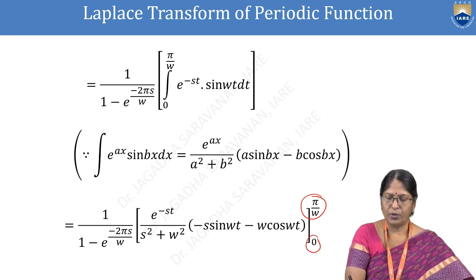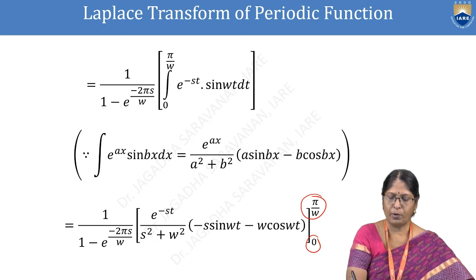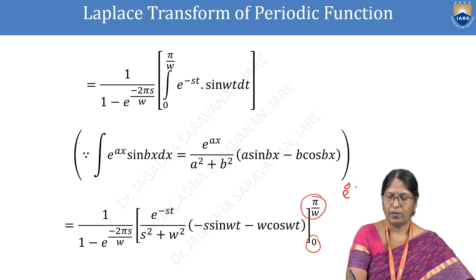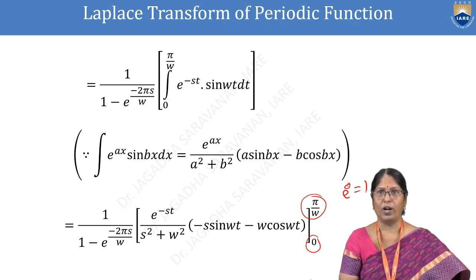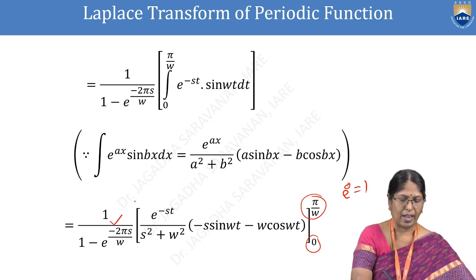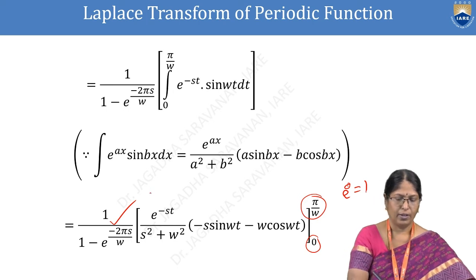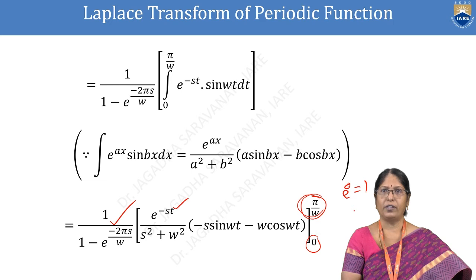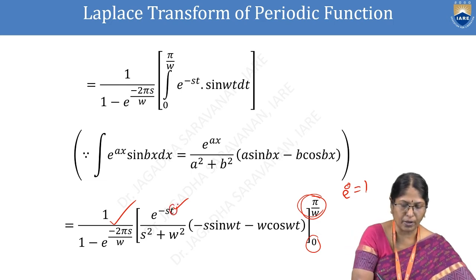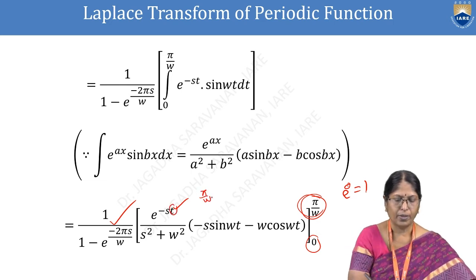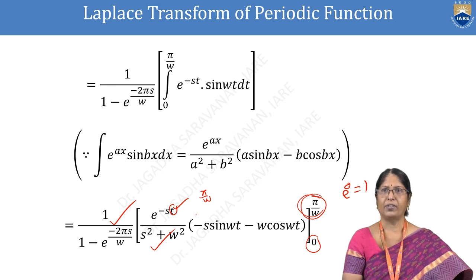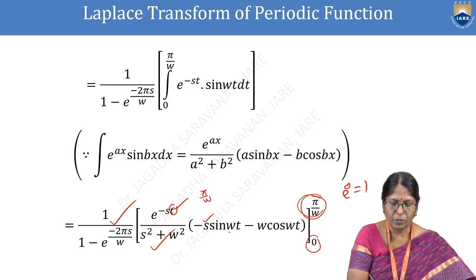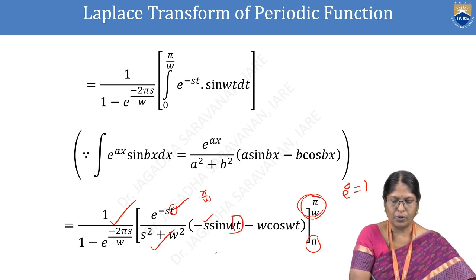E power 0 we have to keep in our mind. E power 0, the value is 1. This is written as it is. In place of t, we substitute the upper limit, pi by w. So it will become pi by w. The lower part is written as it is, minus s. Here this place we are going to substitute.